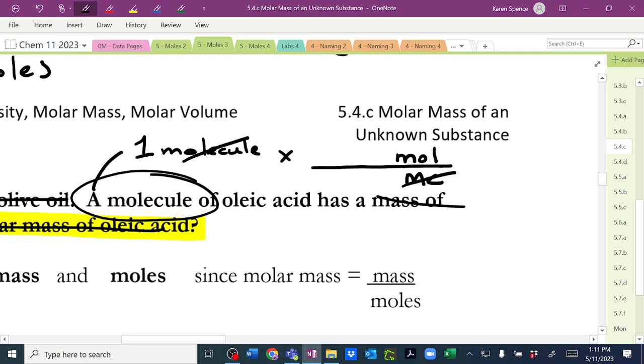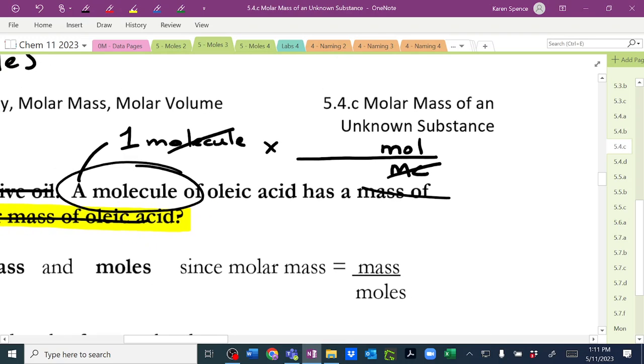Tell your partner where the 6.02 times 10 to the 23 goes. Does it go on the top or does it go on the bottom? Where does the 6.02 times 10 to the 23 go? On the top or on the bottom? It has to go on the bottom because the 1 goes with the mole.